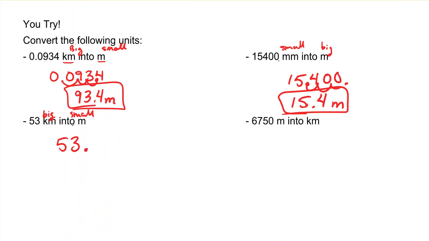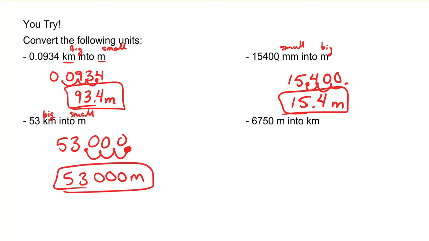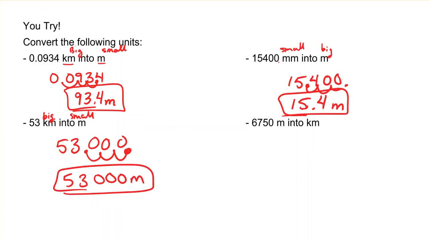I'm going to move it. I'm making a small thing, so the number's got to get bigger. So 1, 2, 3. That's my new decimal place. And I fill in zeros. So 53 kilometers is 53,000 meters. No problem.